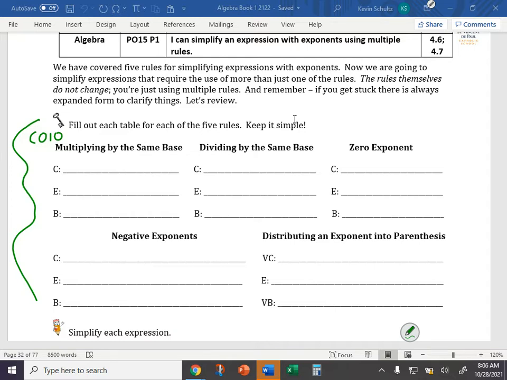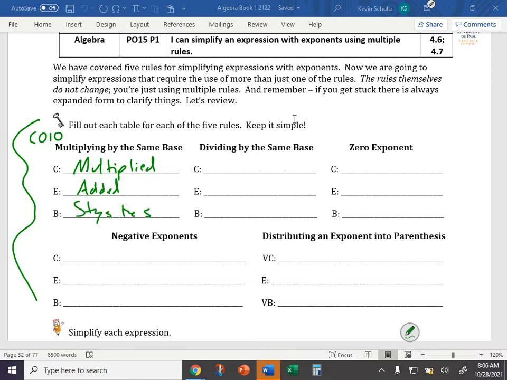They are multiplied. Okay, they are multiplied. How about those exponents when multiplying by the same base? Added. They are added. And the base stays the same.